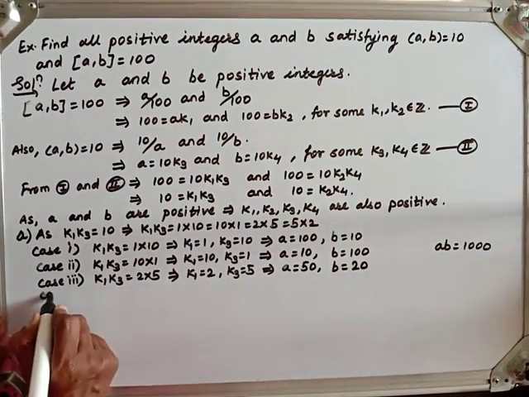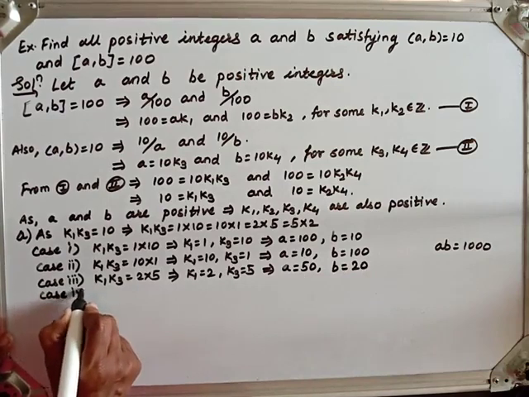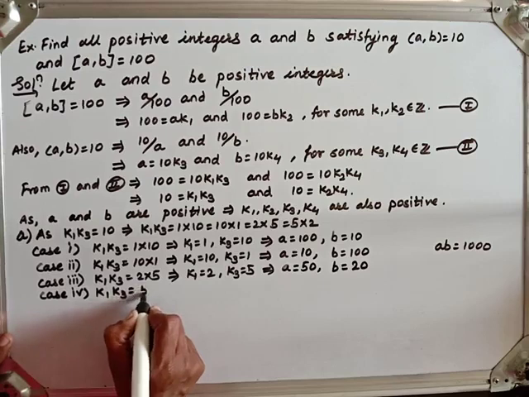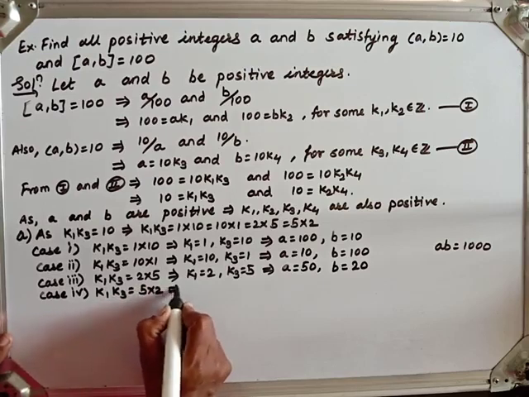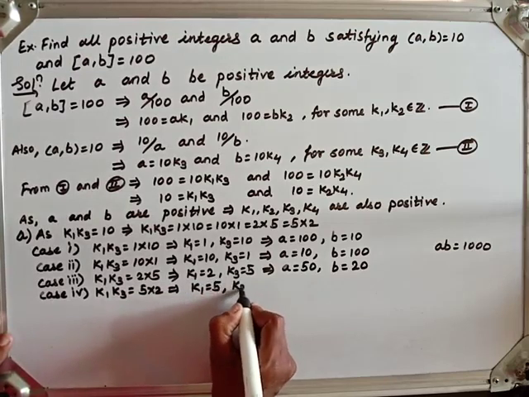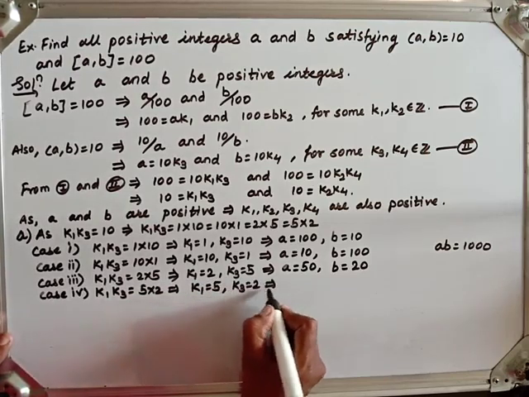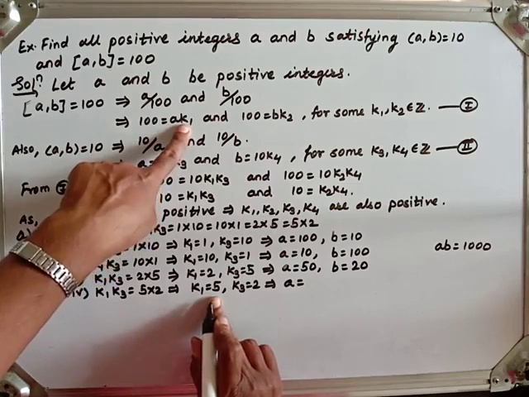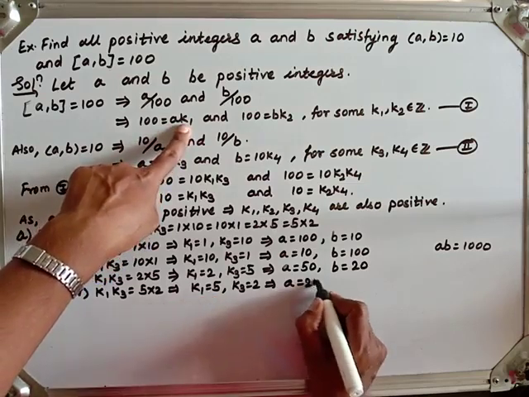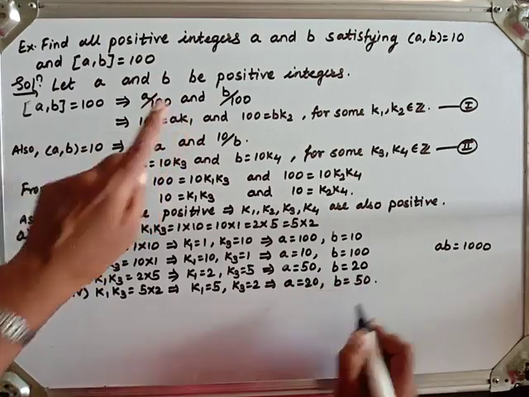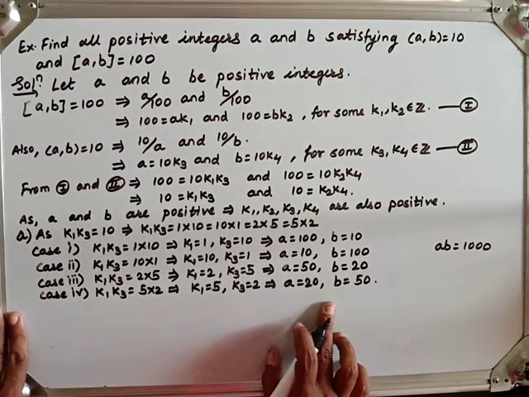Again case 4. K1 K3 is equal to 5 into 2. So that gives K1 is equal to 5, K3 is equal to 2. So that gives A is equal to 20, and if A is 20, B will be 50. So these are the possibilities here.